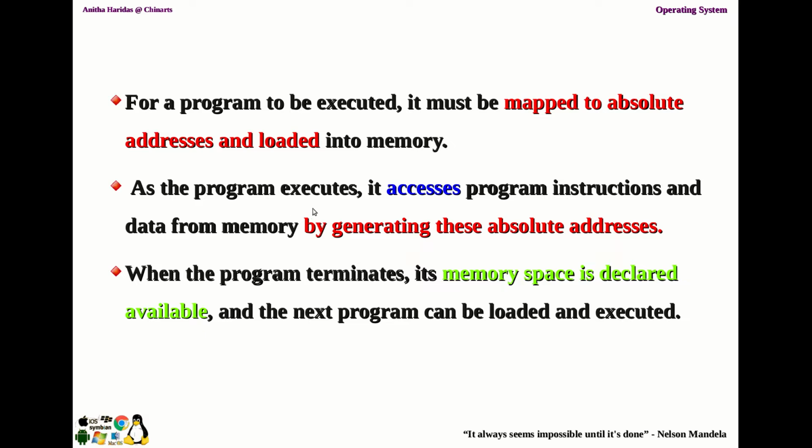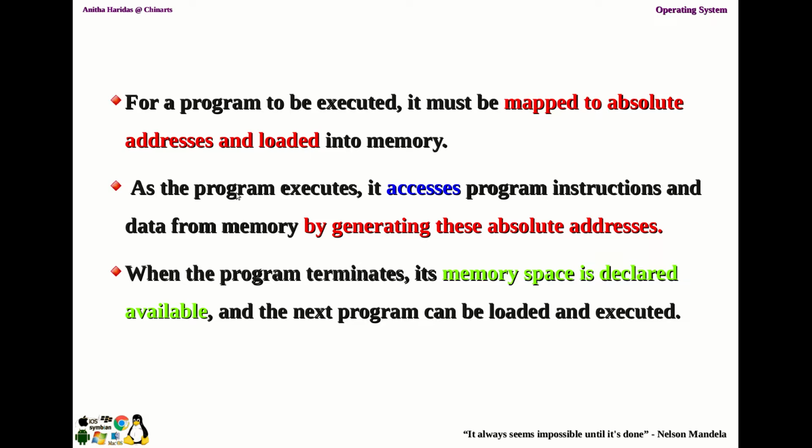As the program executes, it accesses the program instructions and data from the memory by generating these absolute addresses. For different memory management techniques, the absolute address generation will vary. We have a number of memory management techniques, and each technique will be generating the absolute address in a different way.